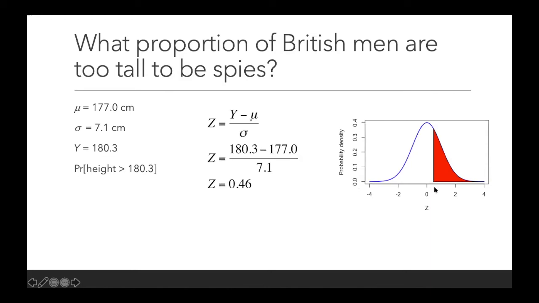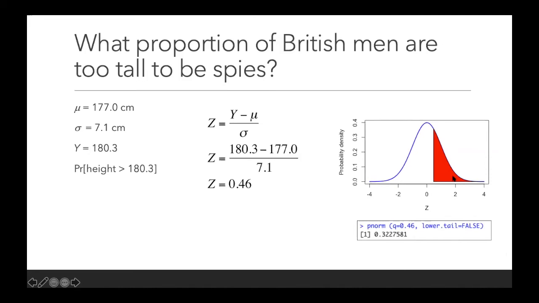And what that means then is that a decent proportion of British men, in fact, are greater than 180.3 centimeters tall and would be excluded from being spies in MI5. Now, to calculate the exact probability or proportion or area underneath the curve shown in red, we can use a little bit of code in R using the pnorm function where we specify our z-score and that we do not want to consider the lower tail of the distribution down here.